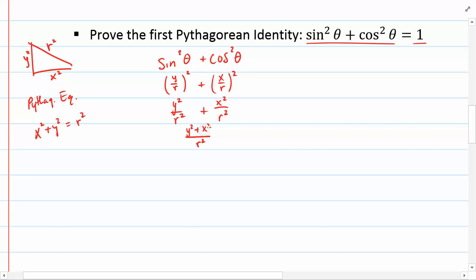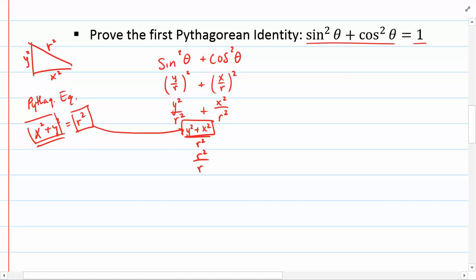So this x squared and y squared added together, this piece here is exactly the same as this here, x squared plus y squared. And we know that x squared and y squared added together must be r squared. So I'm going to use this r squared to replace this x squared plus y squared.